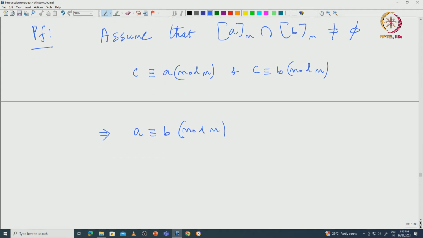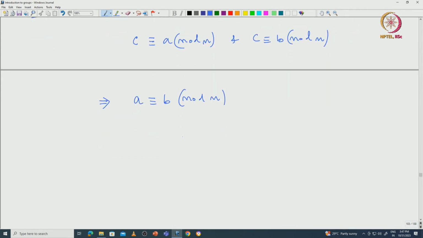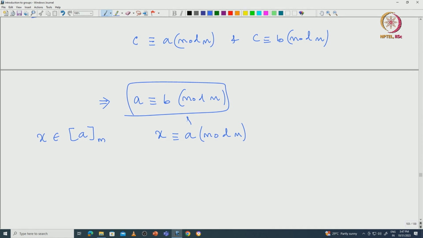Now we claim that if x is inside the residue class of a modulo m, then you can easily see that x is congruent to a modulo m. Since a is congruent to b modulo m and x is congruent to a modulo m, this will force x to be congruent to b modulo m. This is obtained from reflexivity, symmetry and transitivity. So this implies that x is inside the class of b modulo m.